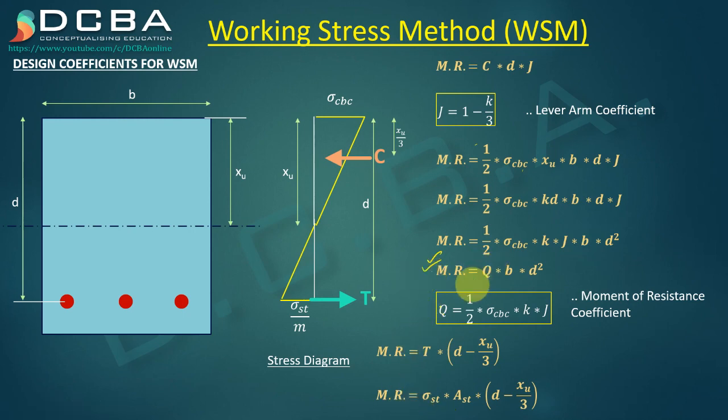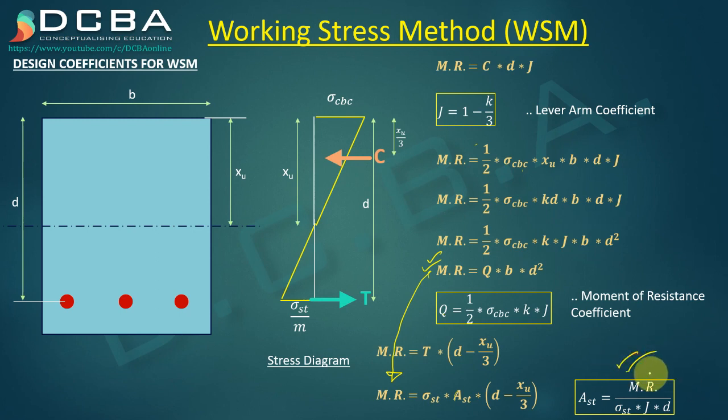If I put this MR here, can I not find the area of steel? In design problems, the unknowns are sometimes the dimensions of the beam, and every time it is steel we have to find. Steel is always the unknown in design problems. So AST can be found as MR divided by sigma ST into JD, correct?